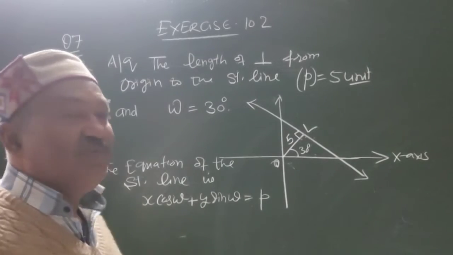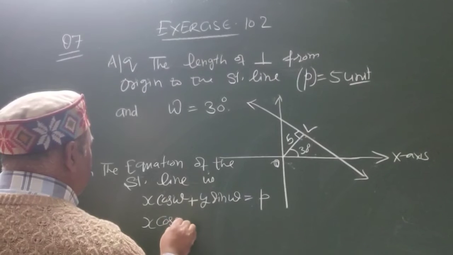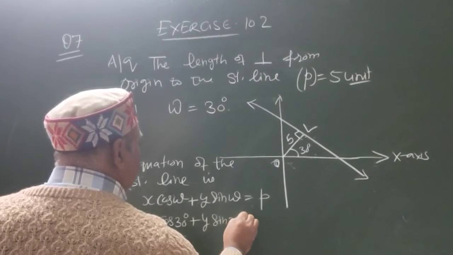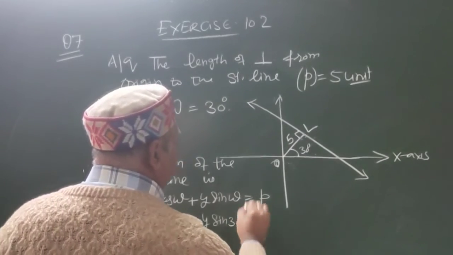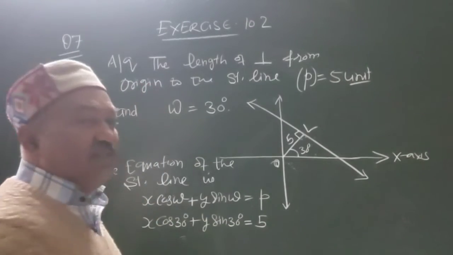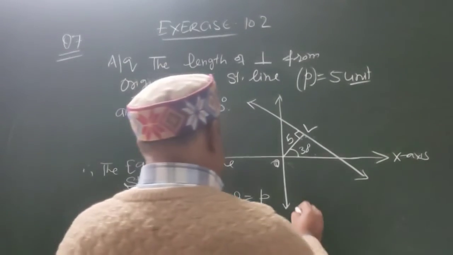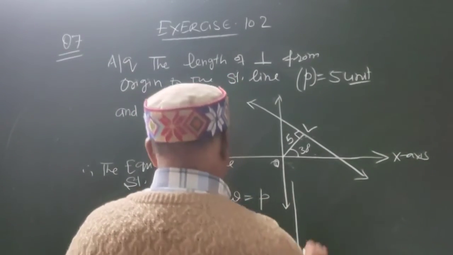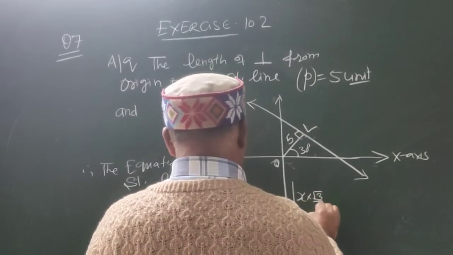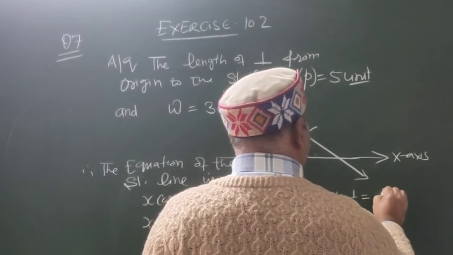Substituting the values of p and omega, we get x into cos 30 degrees plus y into sin 30 degrees is equal to 5. Cos 30 degrees is root 3 by 2 and sin 30 degrees is 1 by 2. We get x into root 3 by 2 plus y into 1 by 2 is equal to 5.